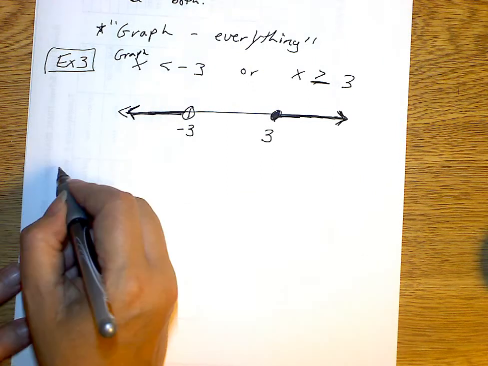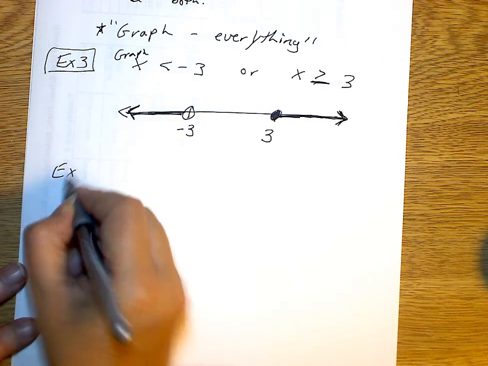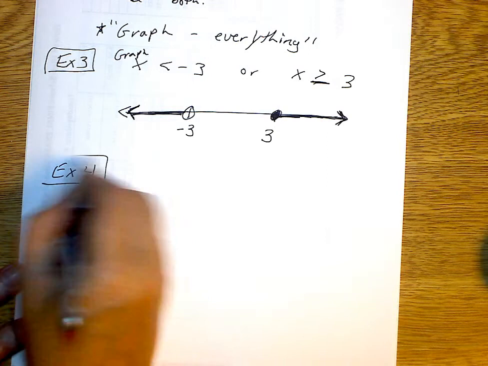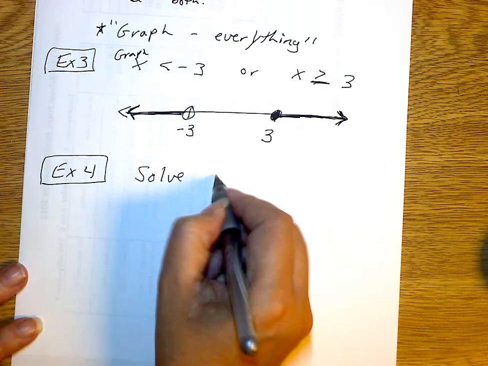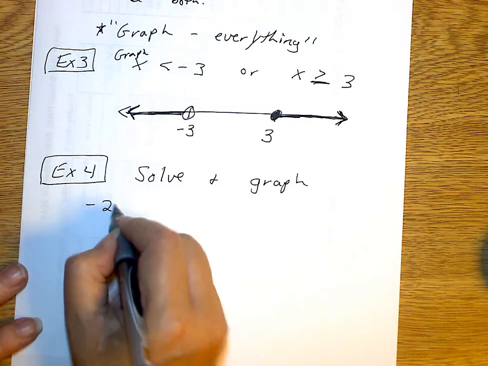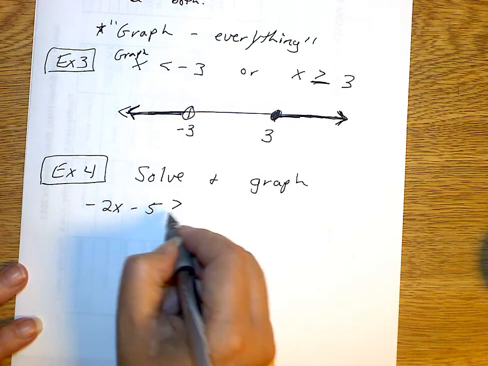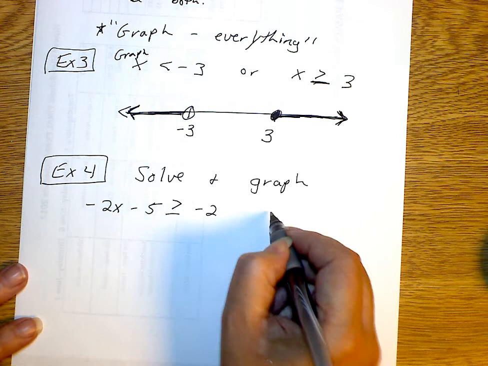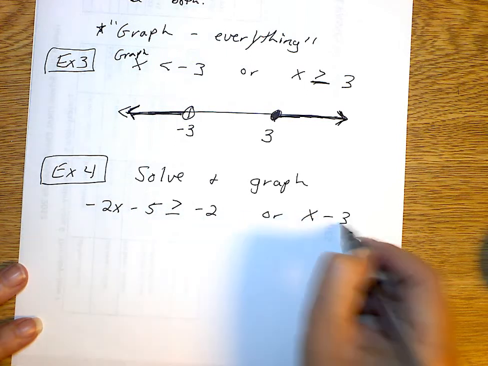And the last thing, and I'll make sure you guys are here before I do it. We're going to solve and graph negative 2x minus 5 is greater than or equal to a negative 2, or x minus 3 is greater than 2.